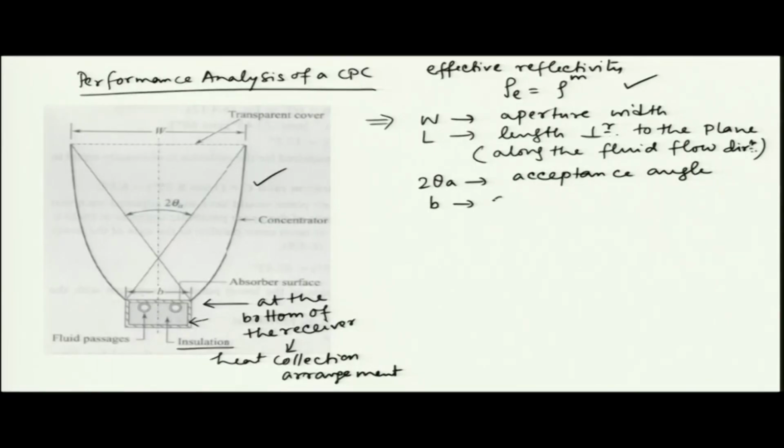B is the absorber or receiver width, okay. So, let us say that N is the number of tubes which are collecting the fluid, collecting the heat from the receiver plate, okay.